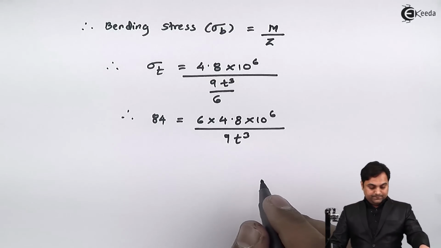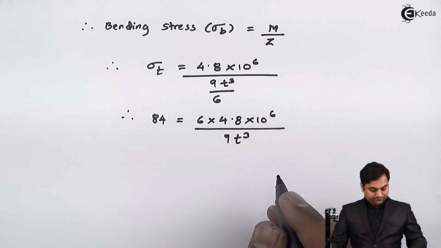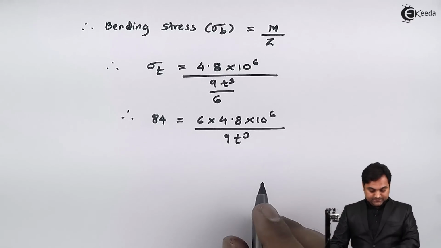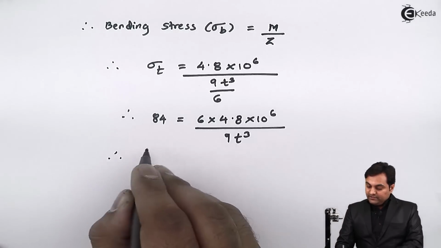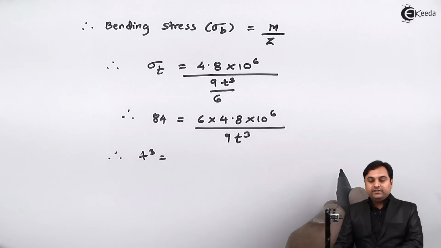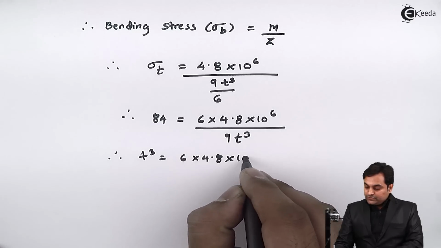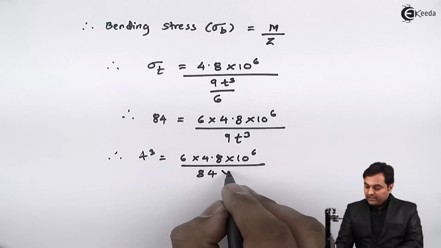After getting this we would be shifting T cube on one side. Here I have 6 into 4.8 into 10 raised to 6. In the denominator we have 84 into 9.